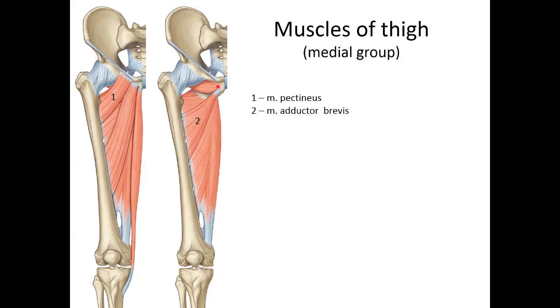It was removed. And that's why musculus adductor brevis in the left picture we can find only partially, and in the right picture as a whole. So musculus adductor brevis.